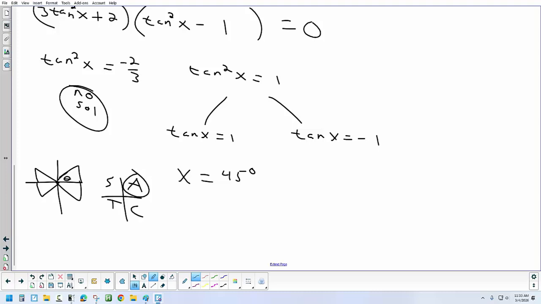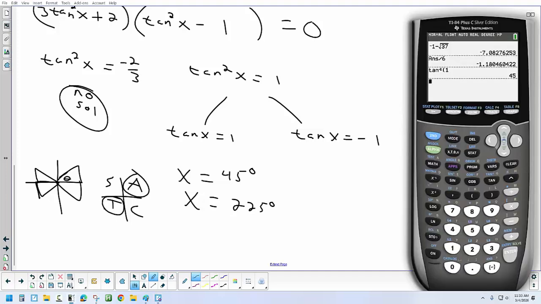So you got that. Now tell me the other quadrant. Tangent is positive in quadrant 3, because it's negative x over negative y, negative root 2 over 2, divided by negative root 2 over 2. That also gives you positive 1. What's my 45-degree angle in quadrant 3? Yeah? 225. 225, yep.